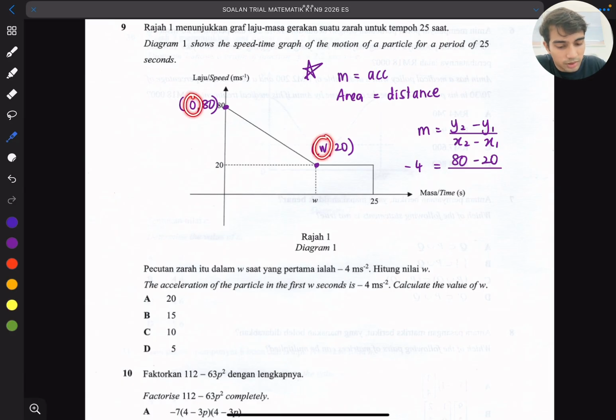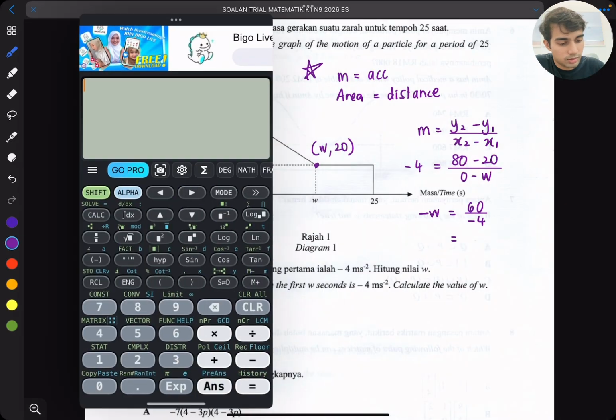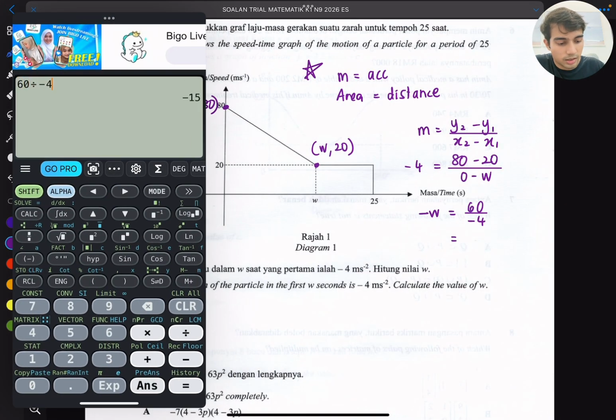All right. So now 0 minus W is negative W, we can swap. Negative 4 comes here. 80 minus 20 is 60 over negative 4. Negative 15. Therefore, W is just 15.